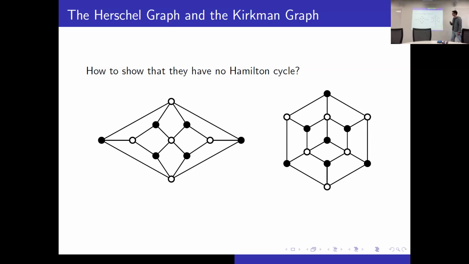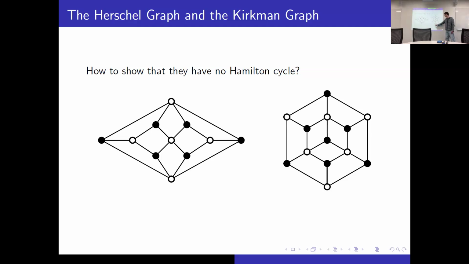Okay, the answer is this. No matter whether it is the Herschel graph or the Kirkman graph, they are bipartite. If they are bipartite, every cycle of this graph must have an even length, right? You go from black to white to black to white, and finally go back to black.